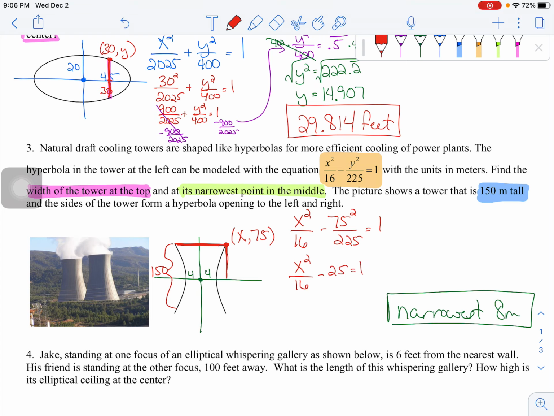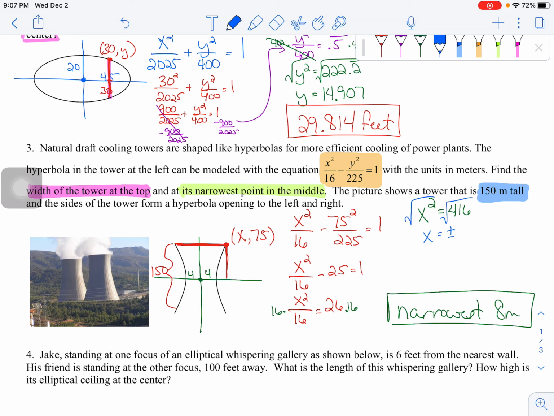So x squared over 16 minus 25 is equal to 1. So I'm going to add 25 to both sides. So that's going to be 26. I'm going to multiply times 16. So 26 times 16. All right. So I'm going to go ahead and flip this over here. So x squared is equal to 416.